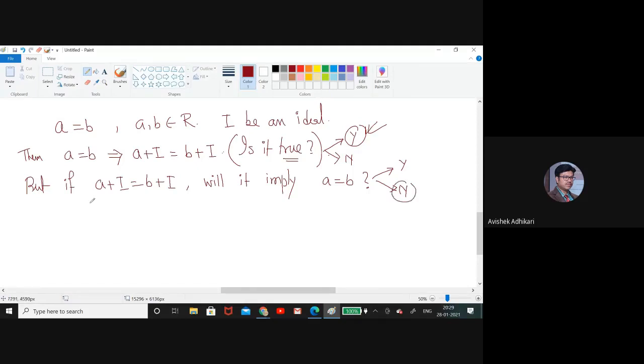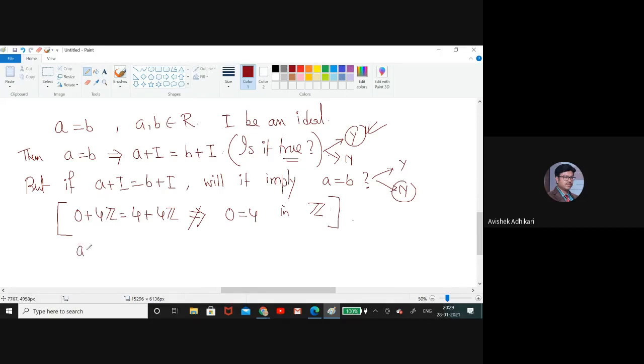For example, as we have seen, 0 + 4Z equal to 4 + 4Z, right? So this is the justification. That does not mean 0 equal to 4 in Z, right? So it's not true.